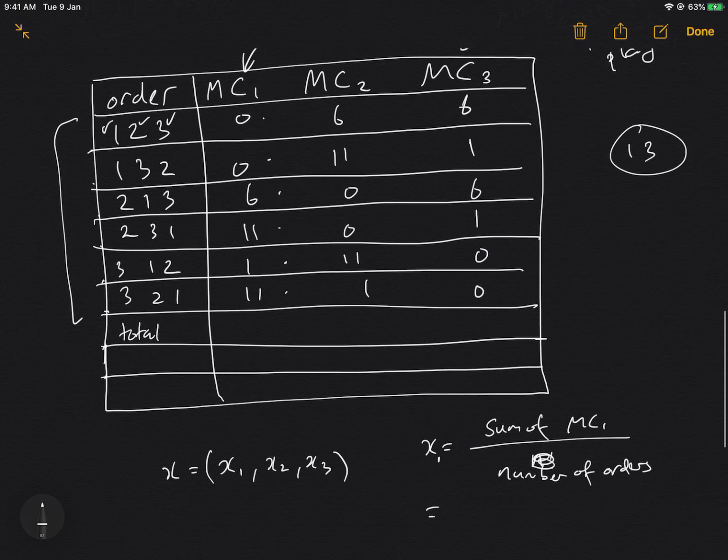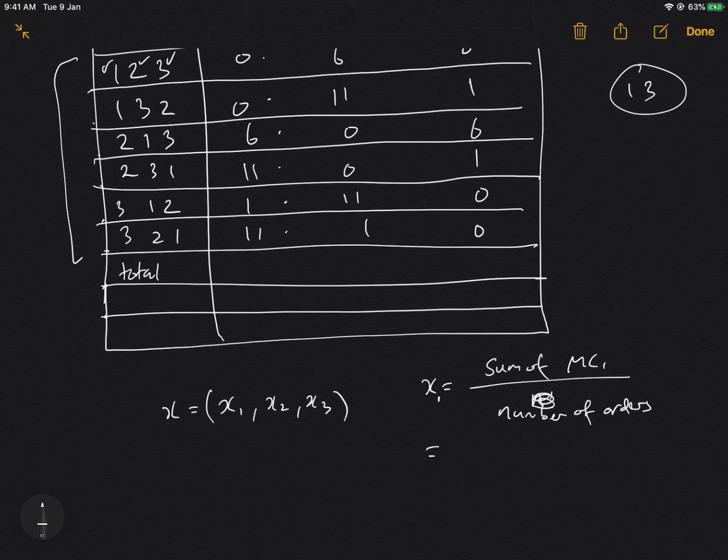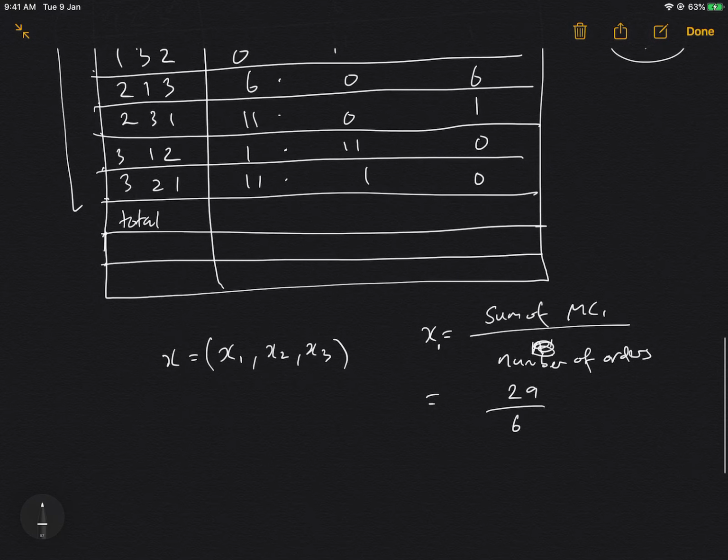So the sum of these contributions will be 22, 23, 29. So 29. And if we're trying to average that effect out, because we were taking account of everything, we have to divide it by 6.